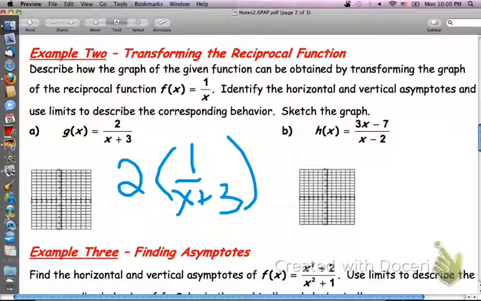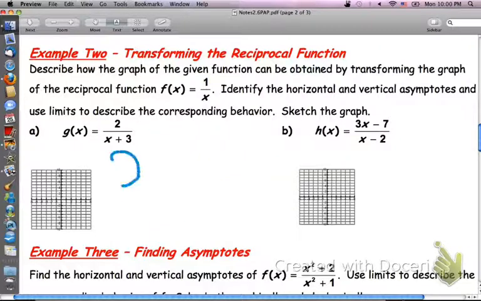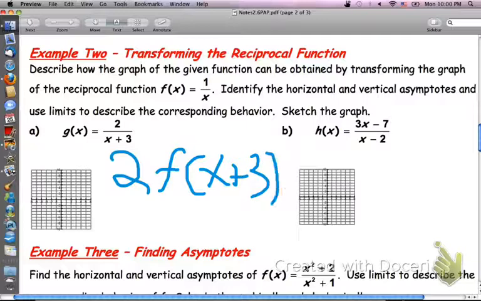Well, we have x plus 3, so our function 1 over x would be shifted to the left 3. So we multiplied f by 2 and plugged in x plus 3 to get our shift of the original reciprocal function.